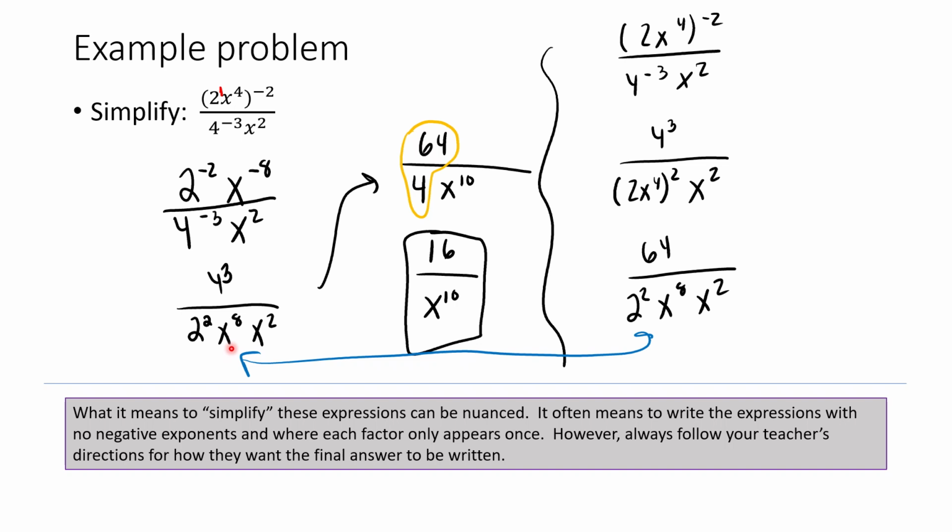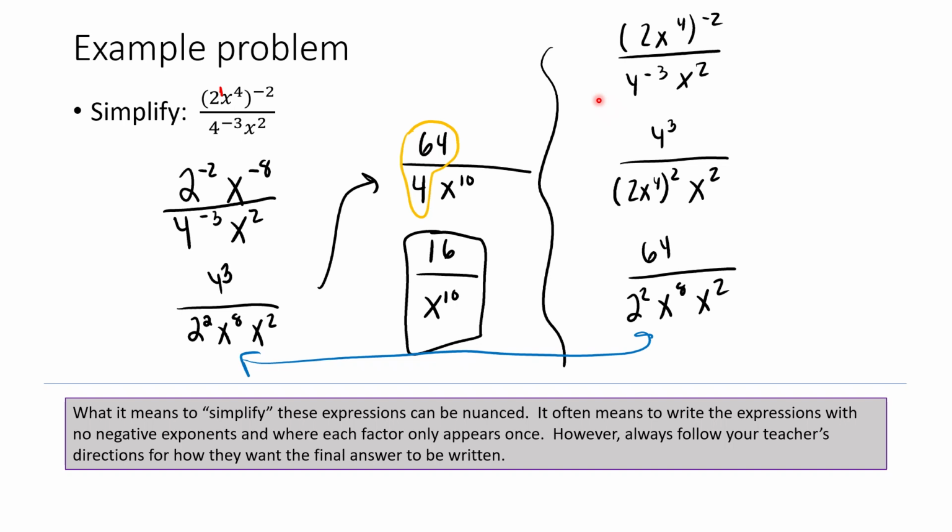We don't want x to the 8th times x squared. We want to merge that so there's only one x, so you don't have x's on the top and bottom. You just have one x, one y, one number, one of each thing, with all positive exponents. However, always follow your teacher's directions for how they want the final answer to be written.